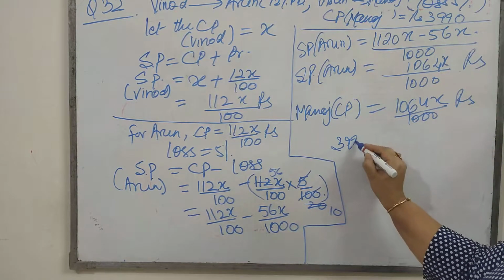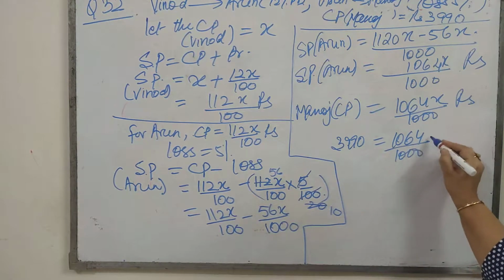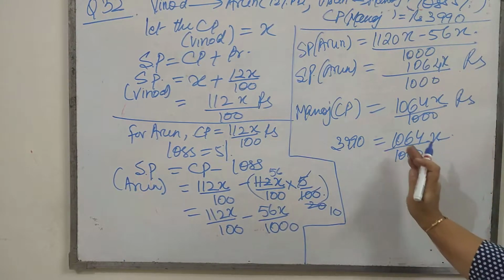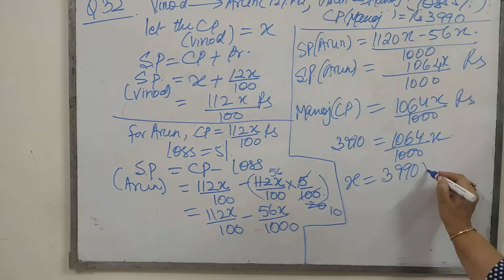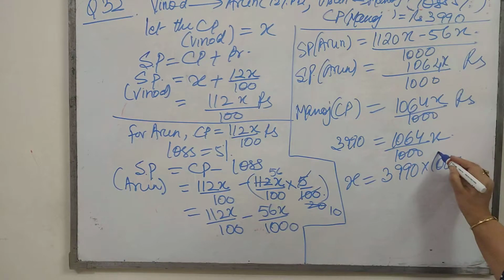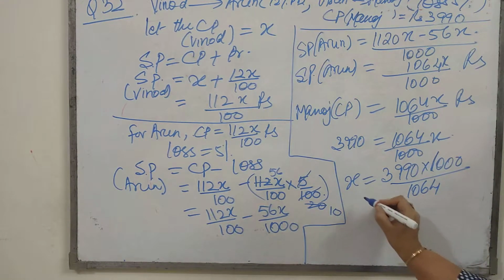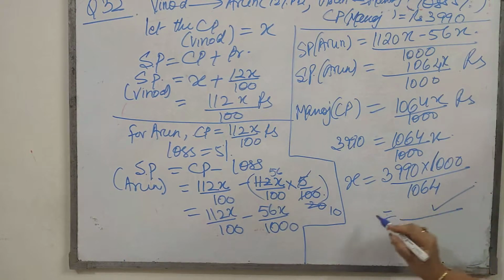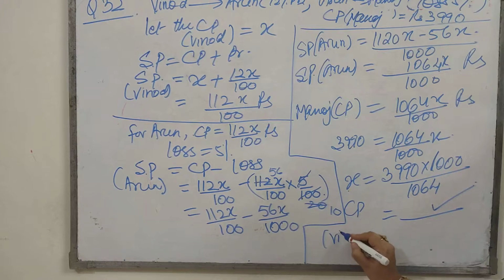So 3990 is 1064 by 1000 x. You leave x here, cross multiply, so your x becomes 3990 into 1000 upon 1064. If you solve this value, this will be the x. X means cost price for Vinod.